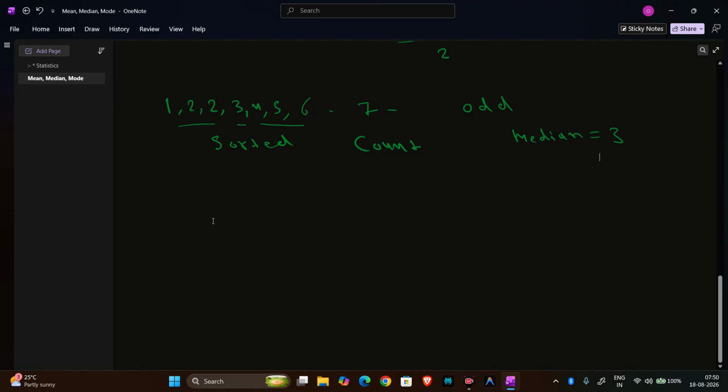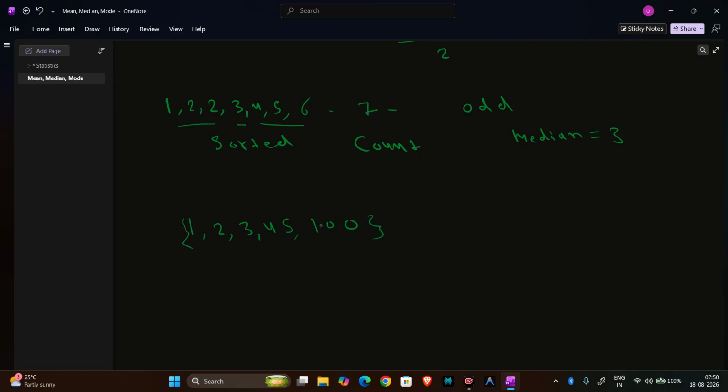So why do we need to use the median? Think about outliers. What are outliers? We have the data set 1 2 3 4 5. If we add 100 here, this is called an outlier.